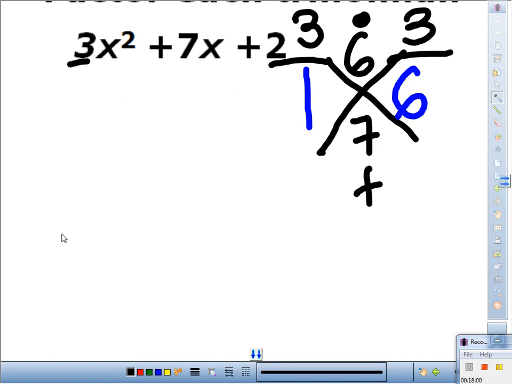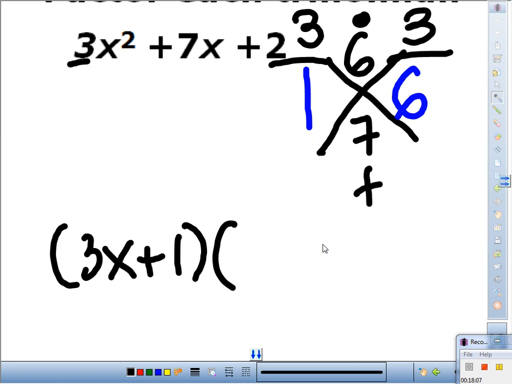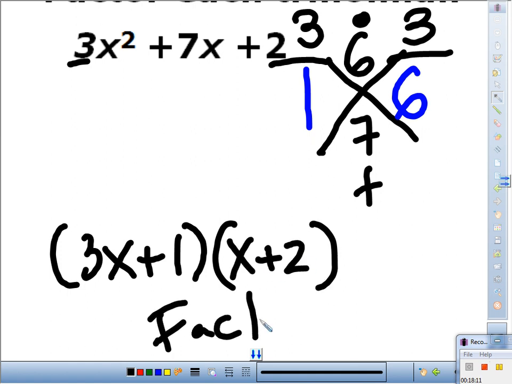So my factors are 3x plus 1 and x plus 2. These are my factors. Once again, what is this one called? Escalante method. So once again, am I asking you to do these methods? No, I'm showing you different methods to factor, but which is the method that I always want you to show me? Grouping method. Yes? Everybody with me?